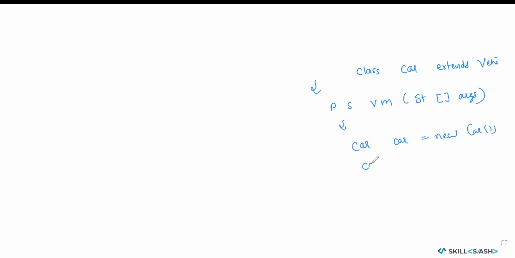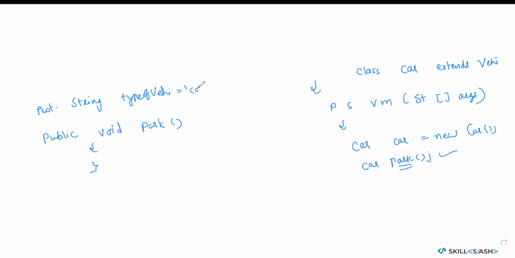Now if I do something like car.park, as it was public, it will work because the method park over here was defined as public void park, correct? And over here, I have created a protected String typeOfVehicle in a class, in a simple way, Car vehicle.